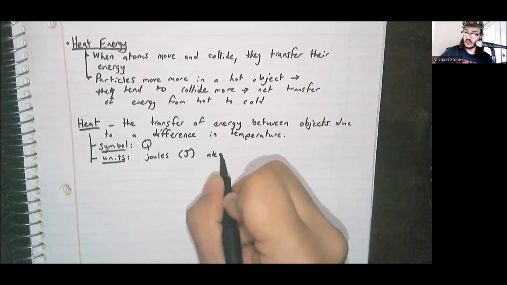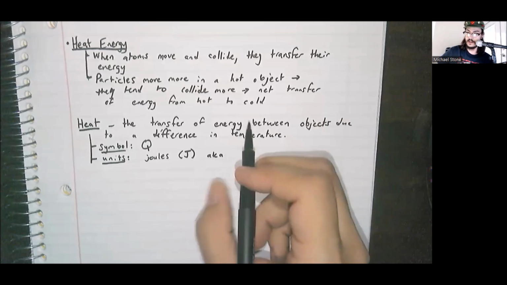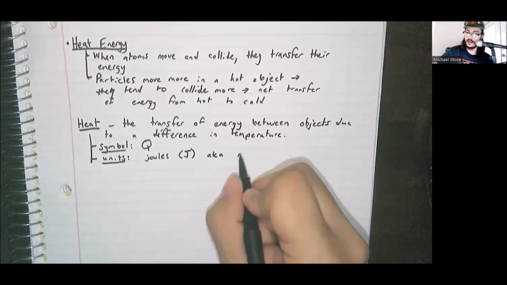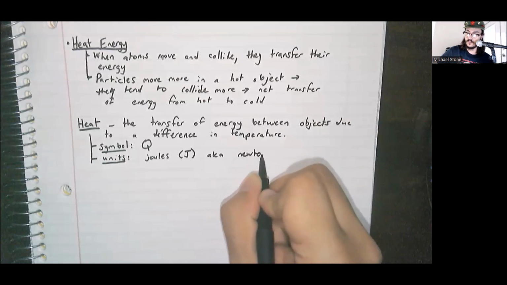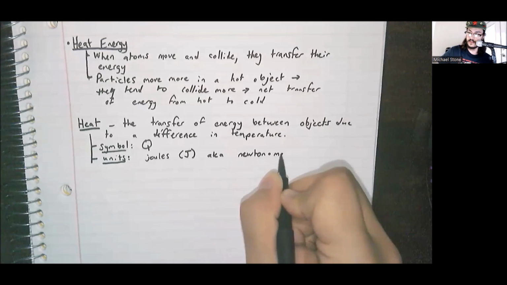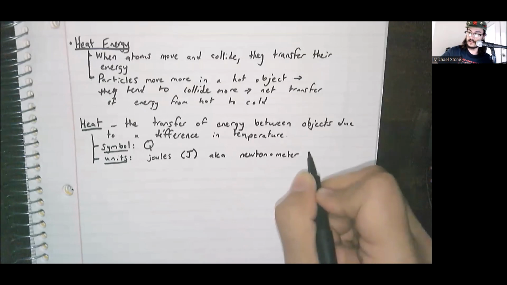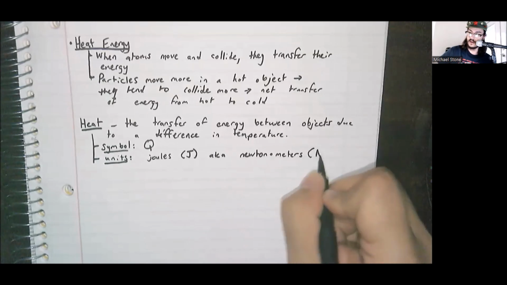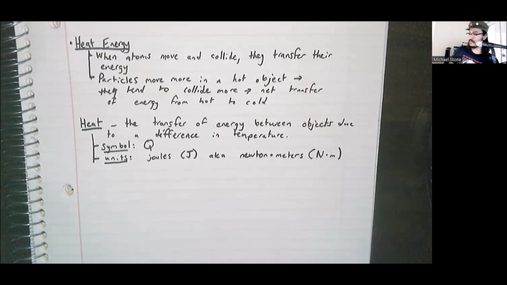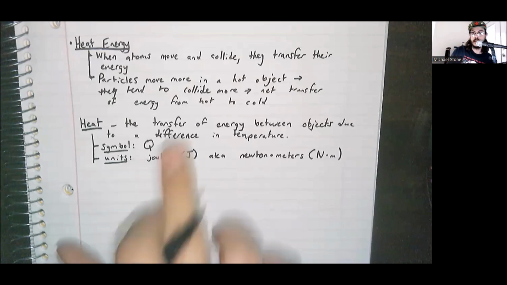And remember that a joule is defined as the amount of work done by a 1 Newton force moving something through 1 meter of distance. So joules are also newtons times meters, Newton meters. Heat is transfer.